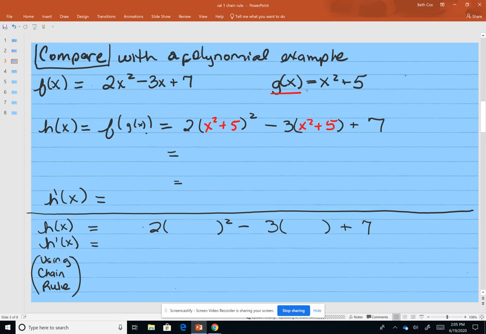First of all, I'm going to do 2 times x squared plus 5 times x squared plus 5, minus 3x squared minus 15 plus 7. I'm going to FOIL that out. I'll get x squared plus 10x plus 25 times 2.